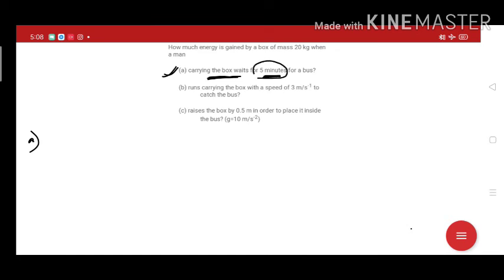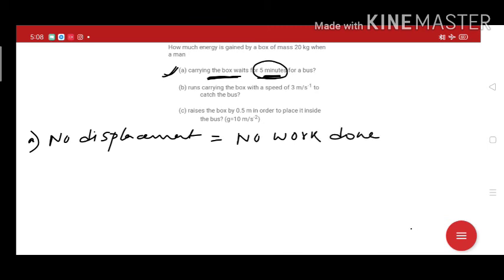Because there is no displacement, you can write no displacement, that means no work done for that particular 5 minutes.